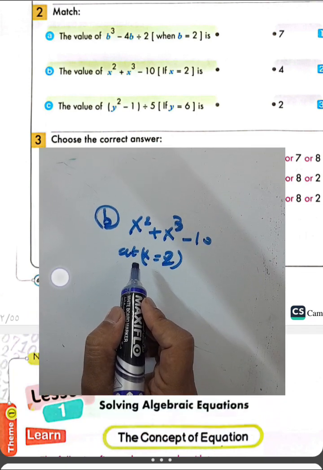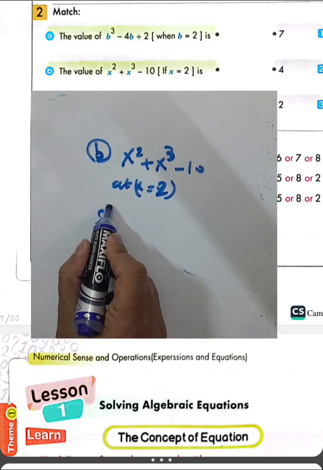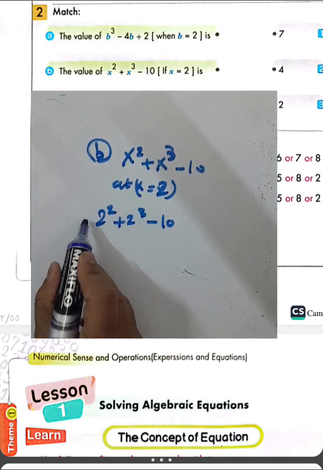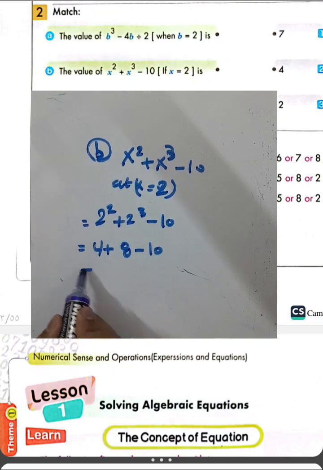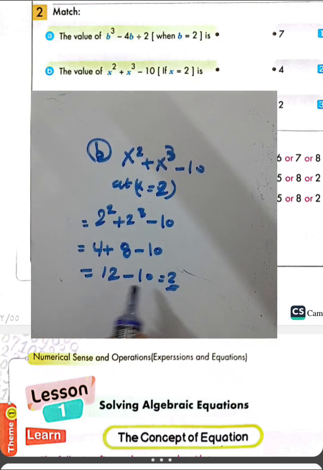Put x equal to 2 in this expression: 2 power 2 plus 2 power 3 minus 10. 2 power 2 will be 4, 2 power 3 will be 8, minus 10. 4 plus 8 equals 12. 12 minus 10 will be 2. The result will be 2.